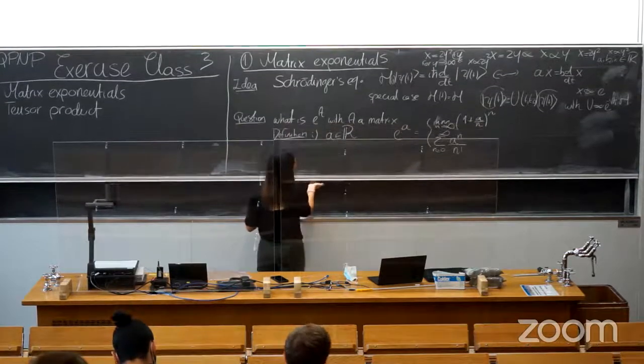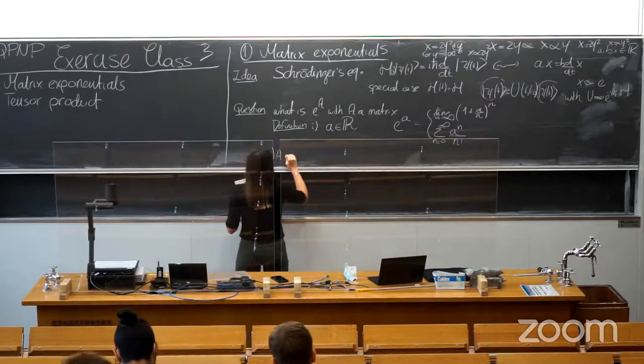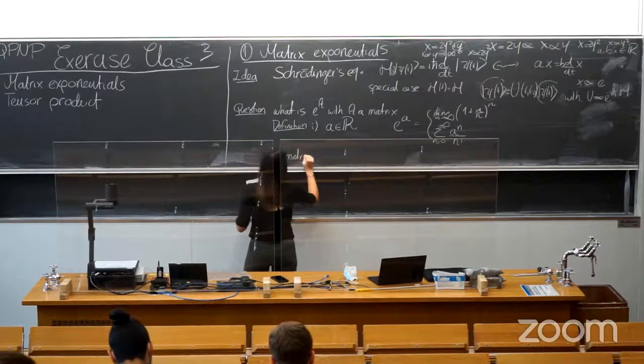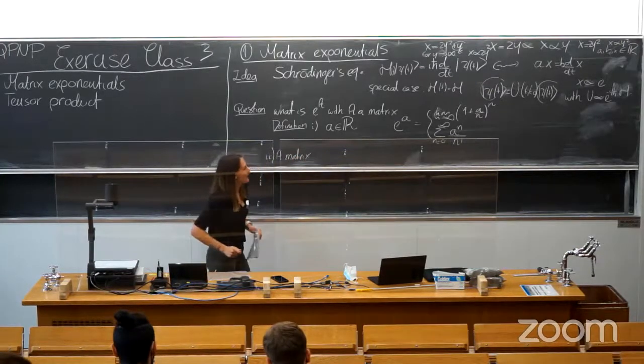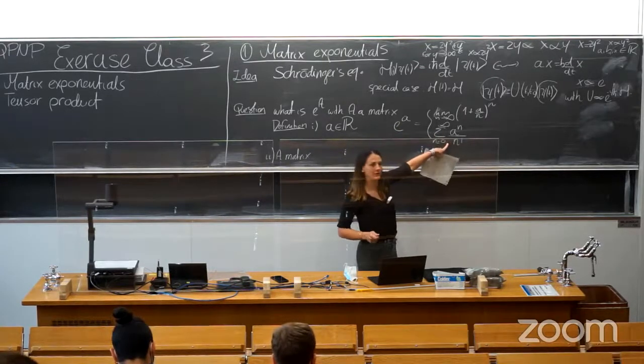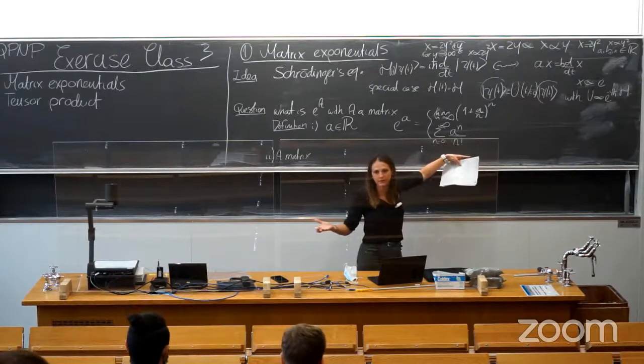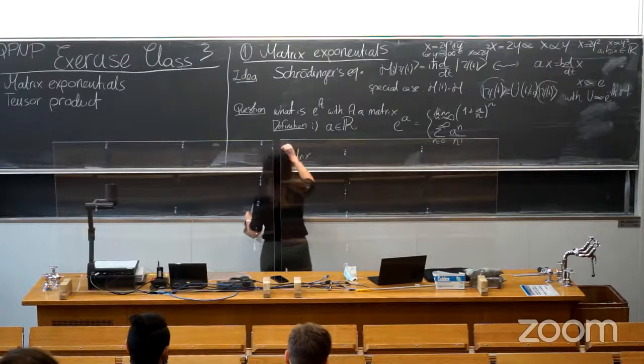And now we move to matrices. How do we define the corresponding definition of this? In this case, my capital A is just a matrix, a square matrix. This is actually important.